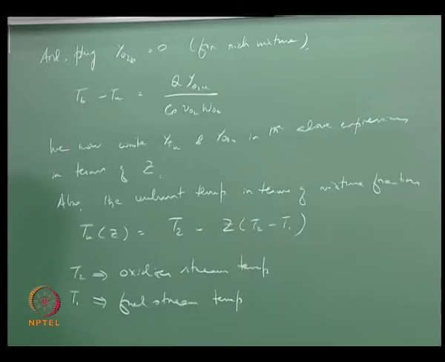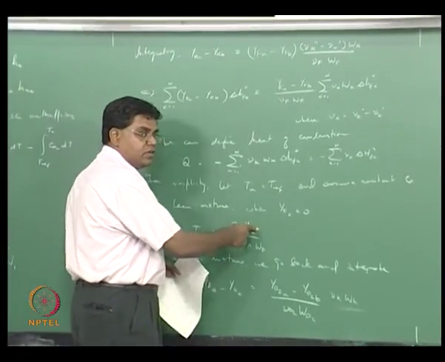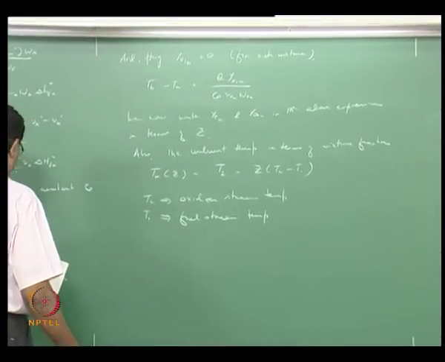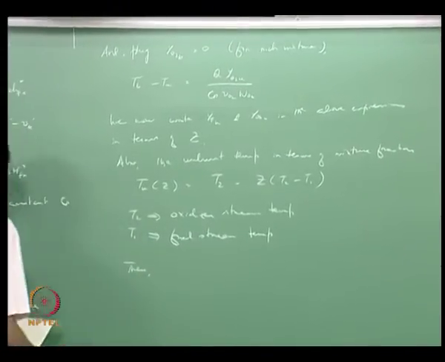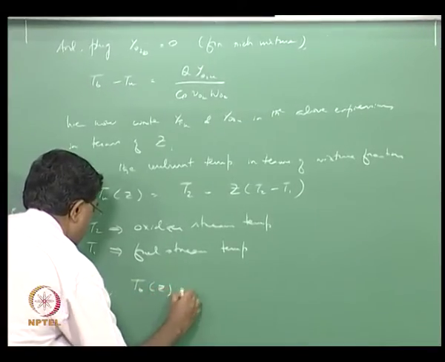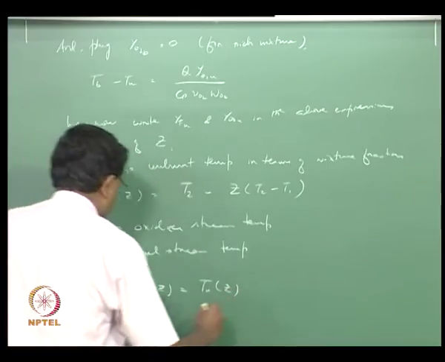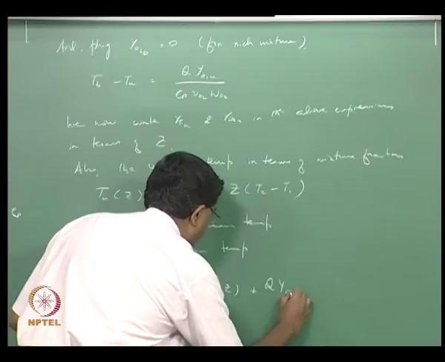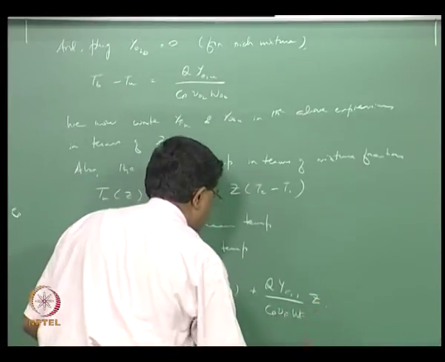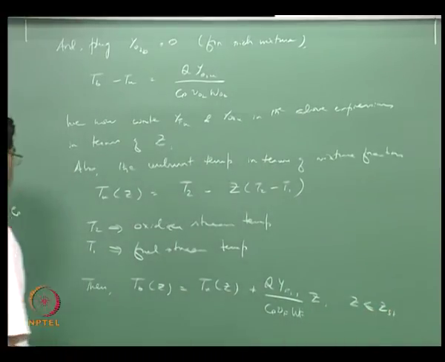With that being the case, you now go back and plug in terms of Z, your Y_FU in terms of Z and Y_O2 in terms of Z. So all of them put in terms of Z will be TB of Z equal to TU of Z plus Q Y_F,1 divided by Cp nu_F W_F times Z, for Z less than or equal to Z stoichiometric.